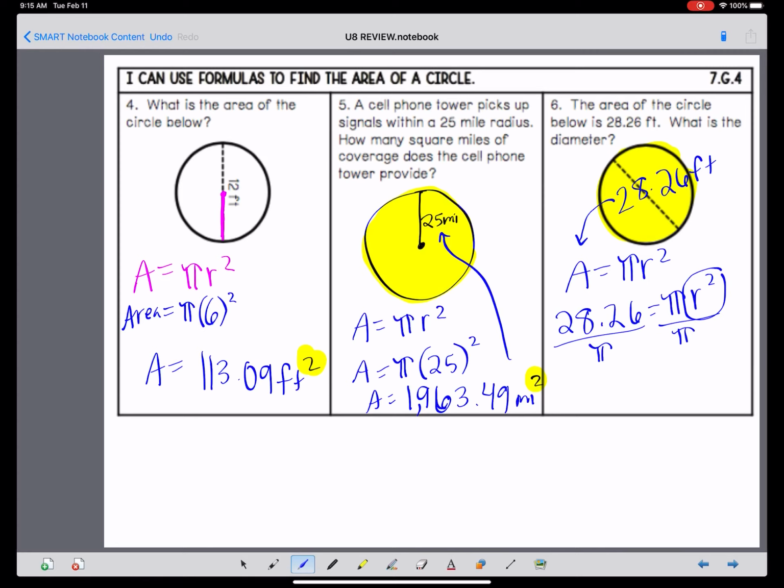So I'm just going to type this into my calculator. 28.26 divided by pi gives me 8.99 is equal to my radius squared. What on earth is going on here?